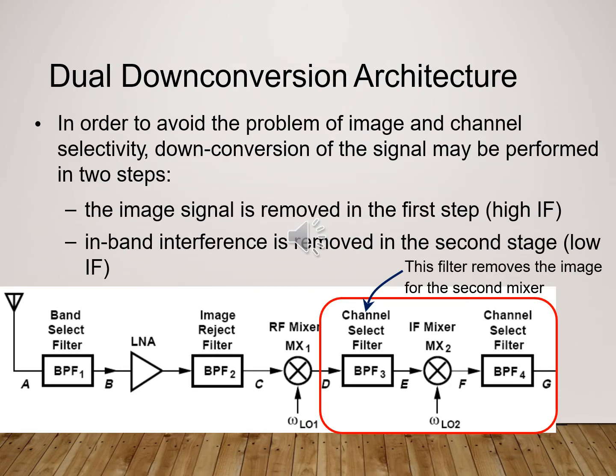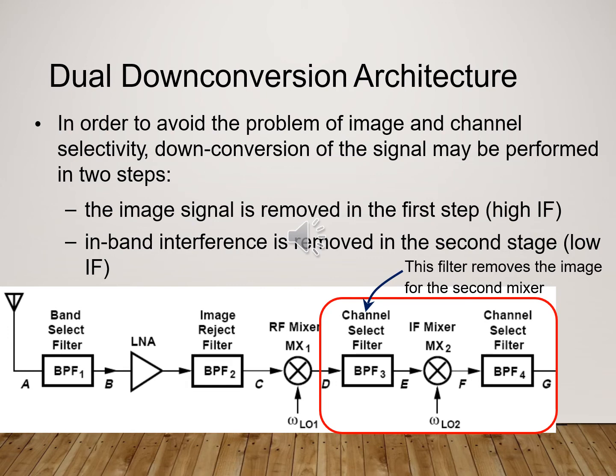In order to avoid the problem of image and channel selectivity, down conversion of a signal may be performed in two steps, especially if we have higher RF signals coming in at gigahertz, and we need to down convert the signals to a low intermediate frequency.